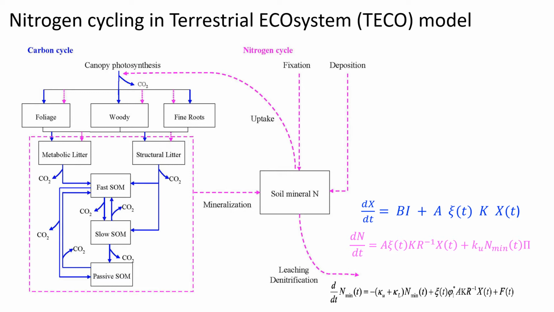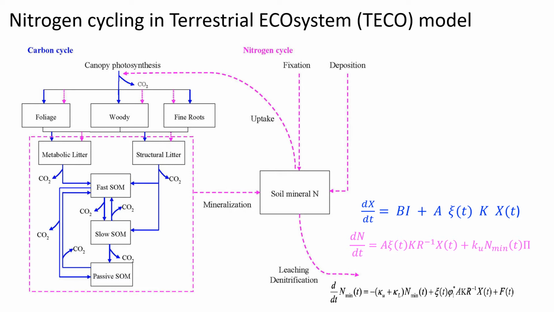A describes carbon transfer among various ecosystem compartments. Matrix A describes carbon transfer coefficients. K is the baseline turnover rate of carbon pools. I is the input and B is the location of inputs into ecosystem carbon pools.